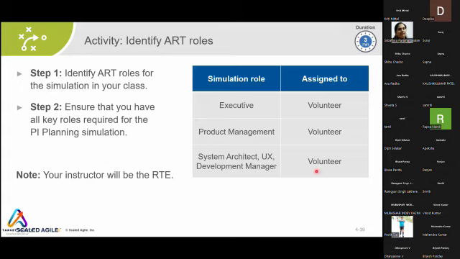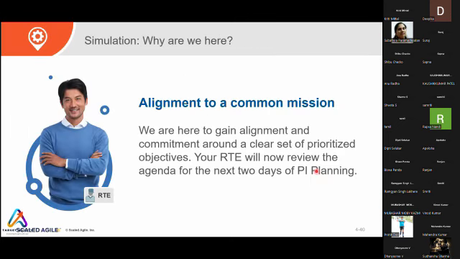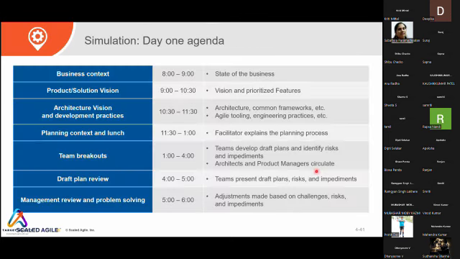It requires at least 45 minutes to 1 hour, which we do in the original SAFe, Leading SAFe or other SAFe courses. We play this simulation where you actually perform the PI planning yourself and get the confidence of doing the PI planning. But I'm not going to that level because we have time constraints. So I'm just going through the PI planning.